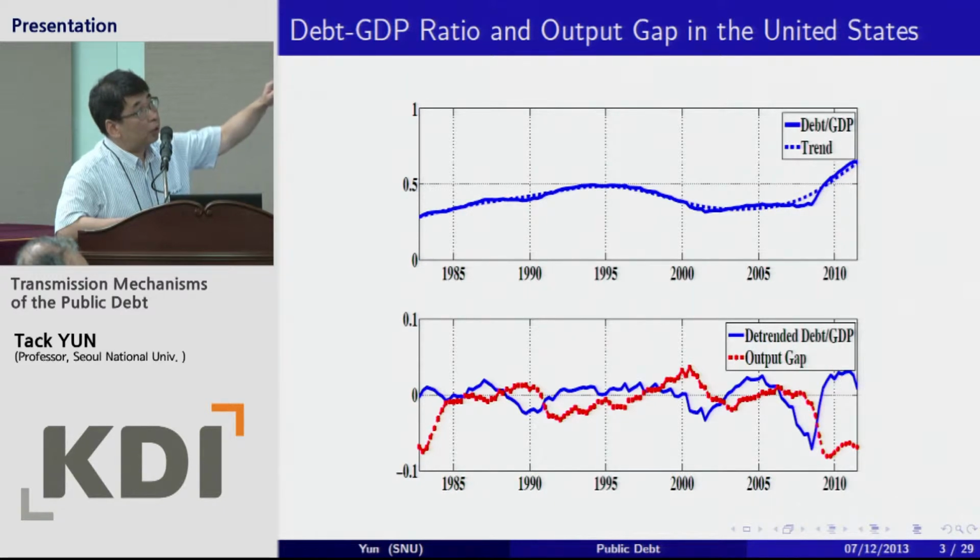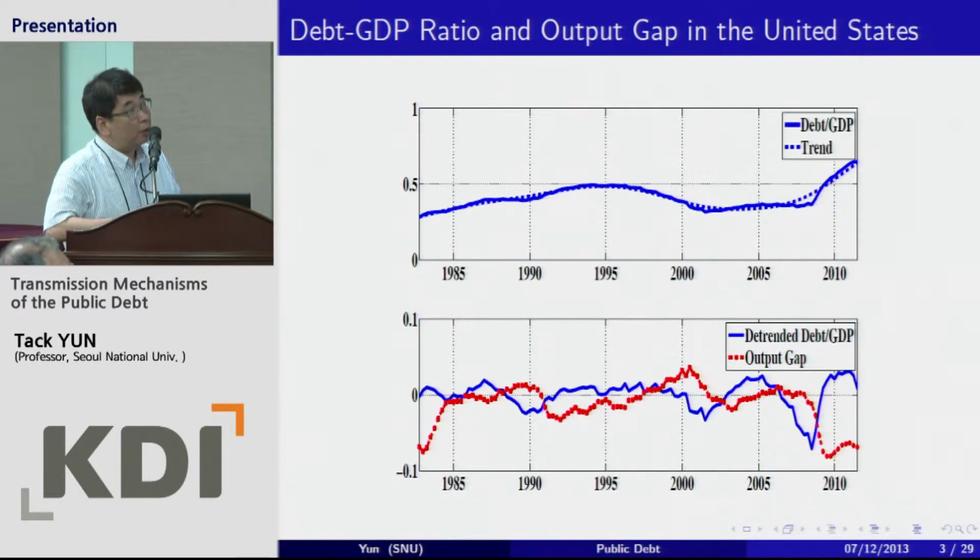The solid line in the upper panel is just the data, and then I used the HP filter to back out the trend, and the dotted line is the trend. Given that, I can extract the cyclical part of the ratio of the public debt to GDP. In the lower part of the slide, the solid line is the detrended part of the ratio of the public debt to GDP.